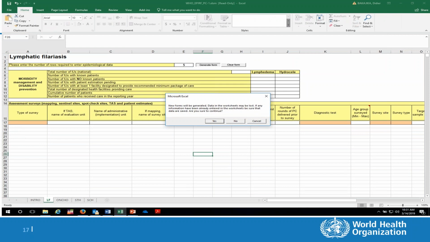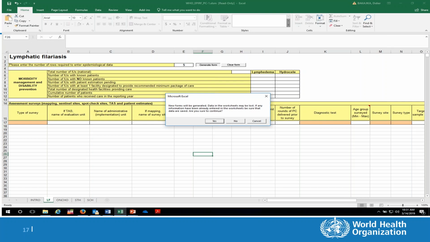Another thing that we need to know is that we need to put the number of column, the number of row required to enter epidemiological data. For example, if you have 4 districts where you have collected data, then you will put the number of rows as 4 and then generate the form.